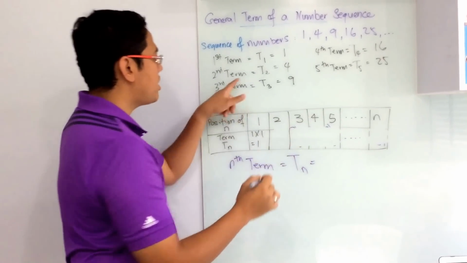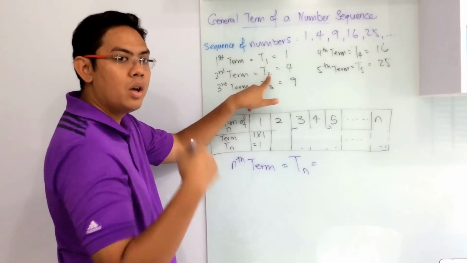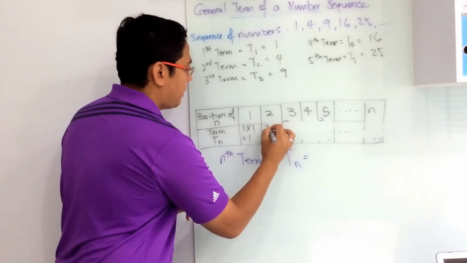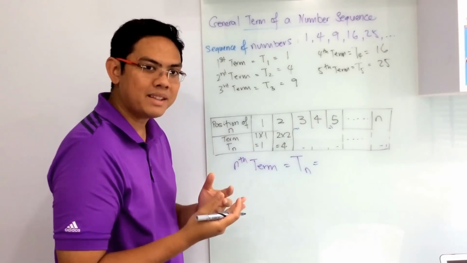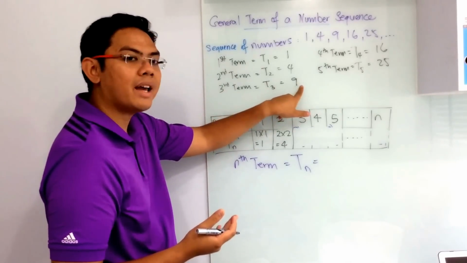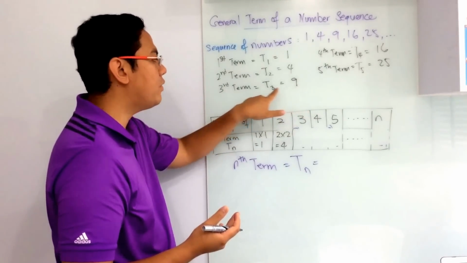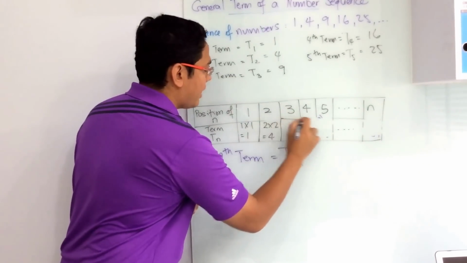Let's look at position 2. How do we get 4 from 2? 2 multiplied by 2 gives you 4. Can you see the pattern? The third term, T3, is equal to 9. So how do you get 9 from 3? 3 multiplied by 3 gives you 9.